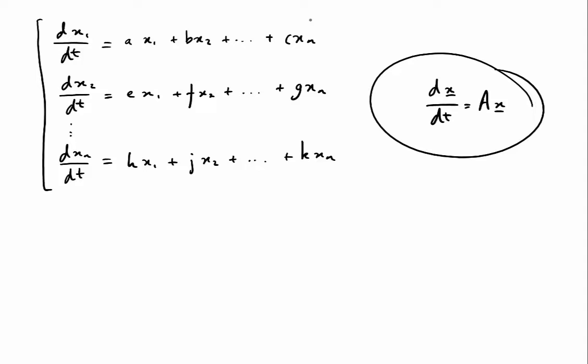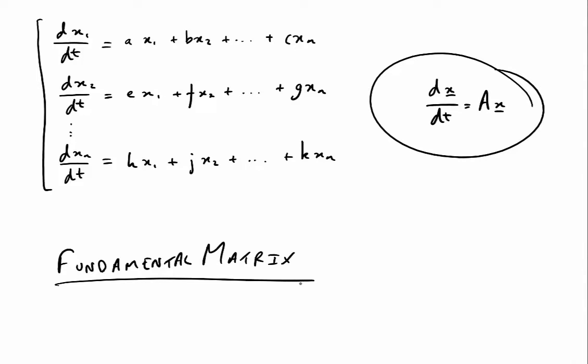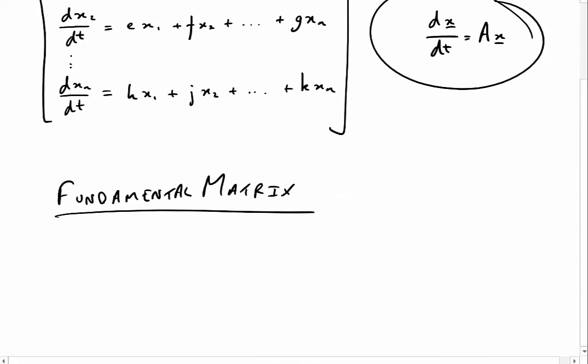So the first type of matrix that I'm going to be talking about in this video is something called the fundamental matrix. Now, if you remember, I've talked about fundamental solutions before. A matrix is just a table, and it makes sense that it will be a table of fundamental solutions. If you remember, we get a solution out of this system, okay? Let's say we get a solution for x1.